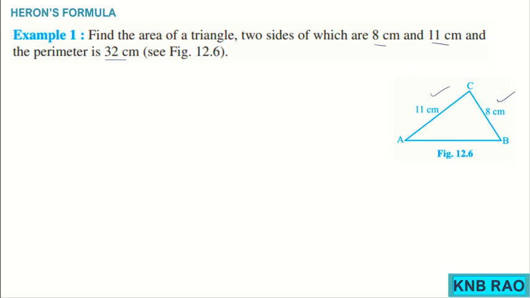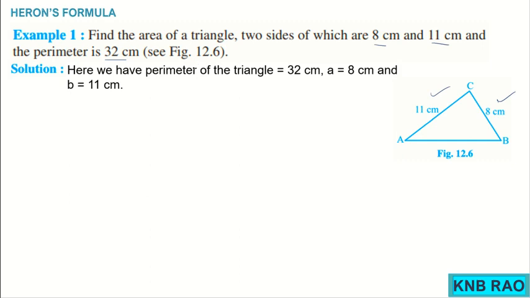Now the solution. Here we have the perimeter of the triangle as 32 centimeter, and we know two sides. If I subtract the sum of these two sides from the perimeter, I will get the third side.